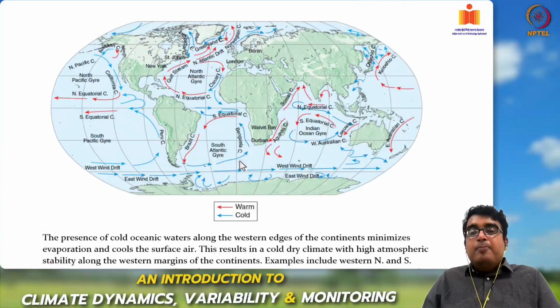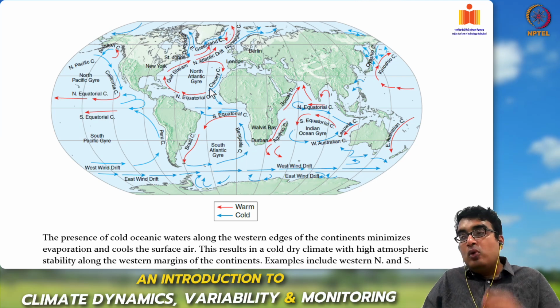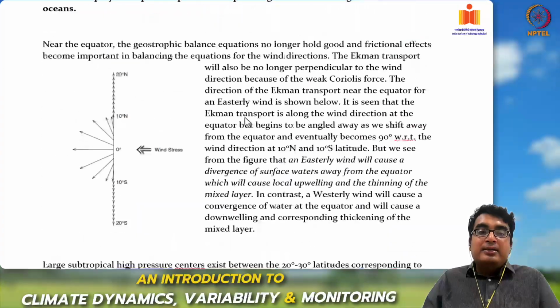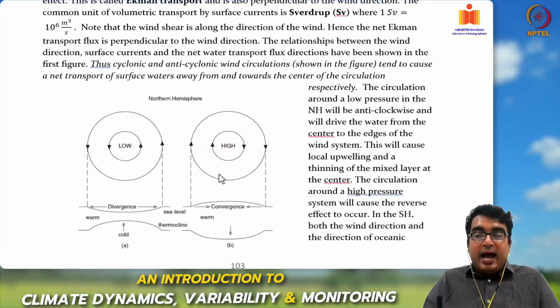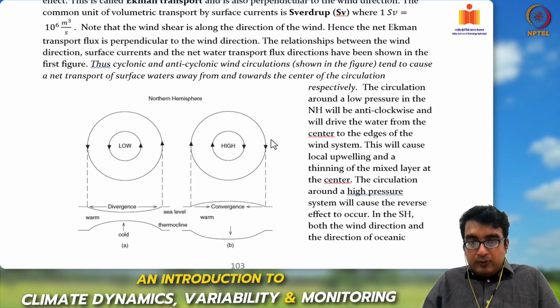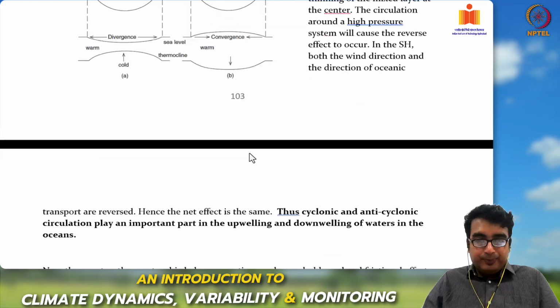The other important point to note is that these anticyclonic circulations create an effective transport of water towards their centers. As we have noted, anticyclonic highs create a convergence of waters from the edges of that high pressure belt towards the center.